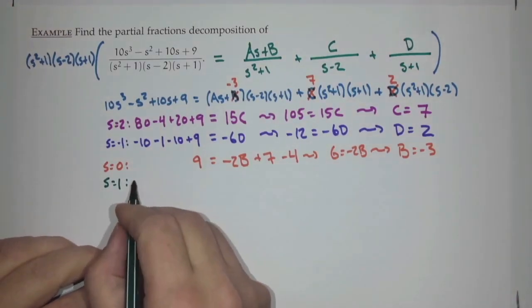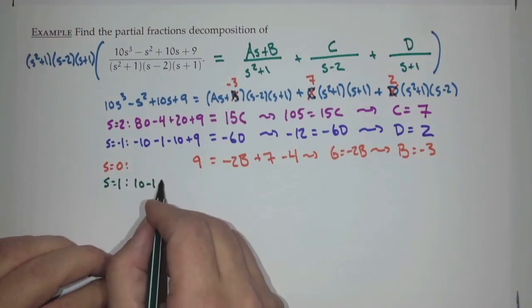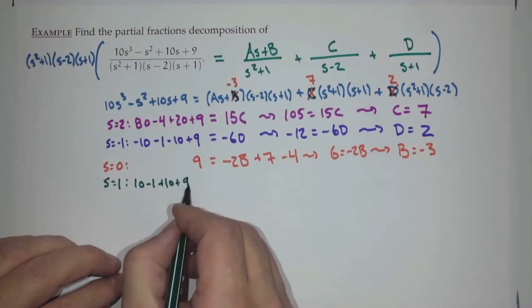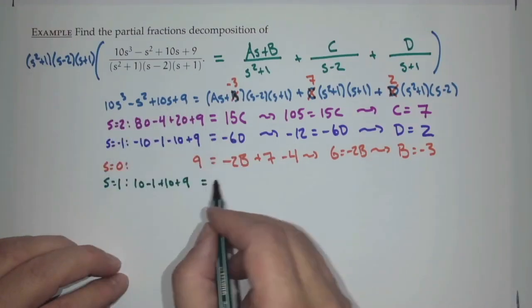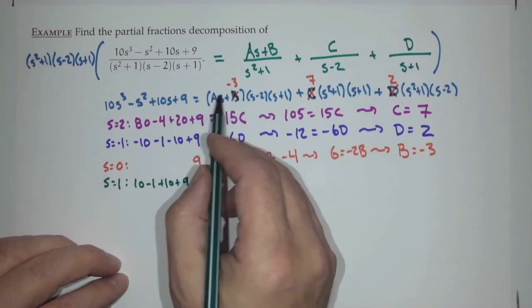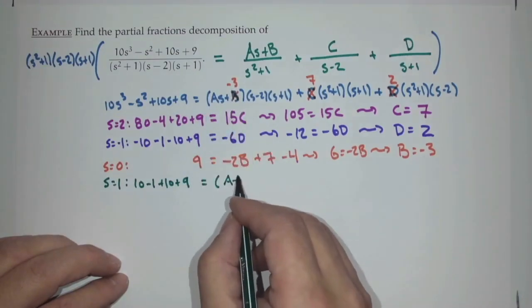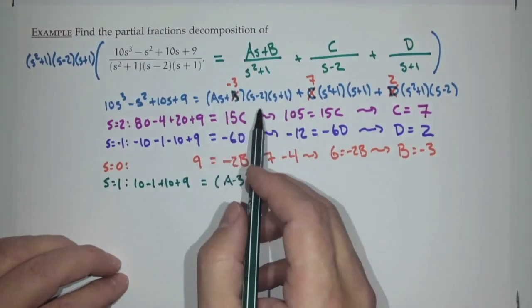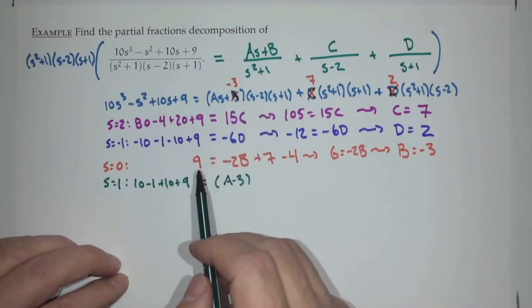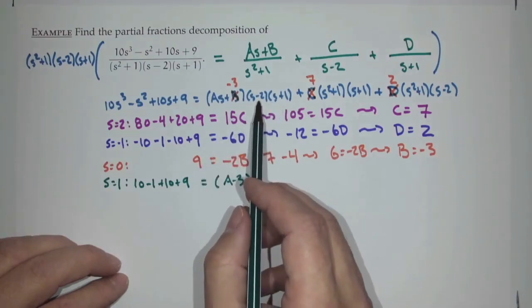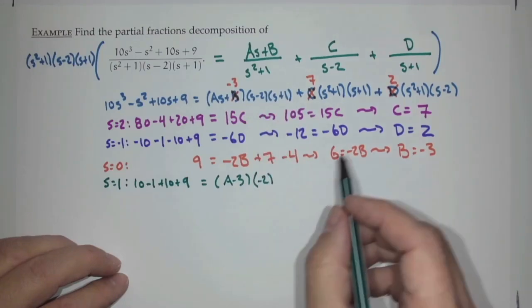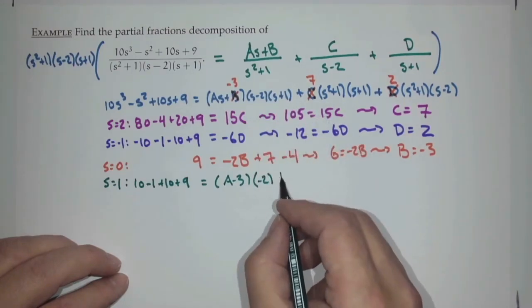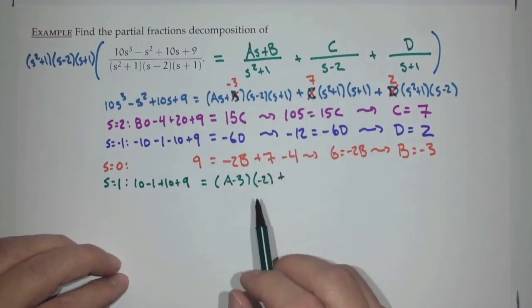Okay, on the left-hand side, we're going to get 10 minus 1 plus 10 plus 9. Because 1 is very easy to plug in. Equals a minus 3 times what? Good. Minus 1 times 2, negative 2. Plus 7 times what?